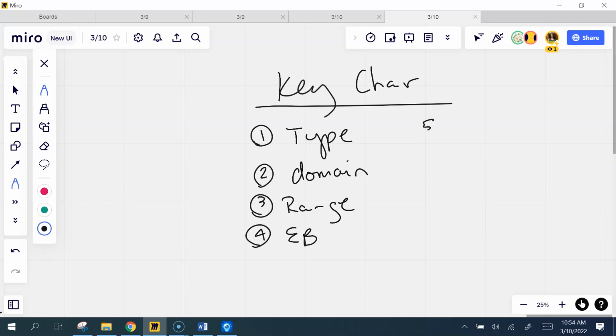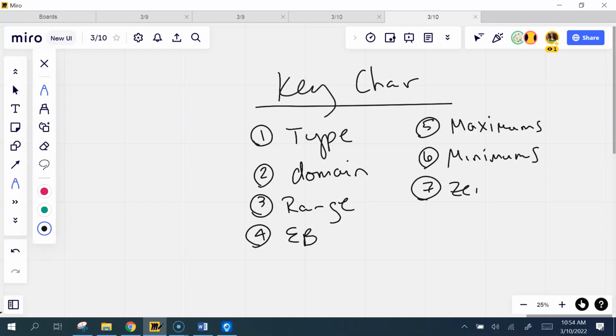The end behavior, maxes and mins, which are listed as turning points. Remember I told you whenever we finish this unit, there'll be like 12 or 13 different things you'll be finding. Zeros, along with their multiplicity and the effect. There's really 2 things, but that goes with the zeros. I think that's it.